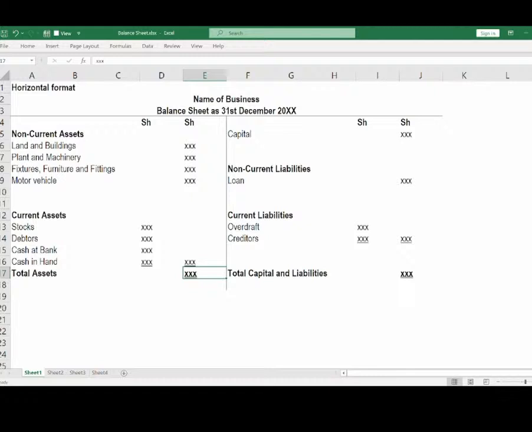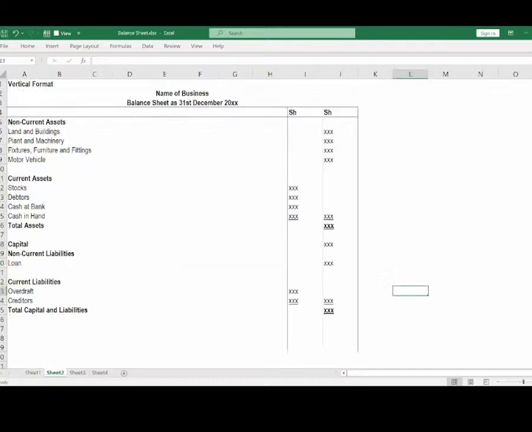In a vertical format, everything is arranged in a vertical way. You start with the non-current assets: land and buildings, plant and machinery, fixtures, furniture and fittings, motor vehicles. As said, they are listed in order of permanence.